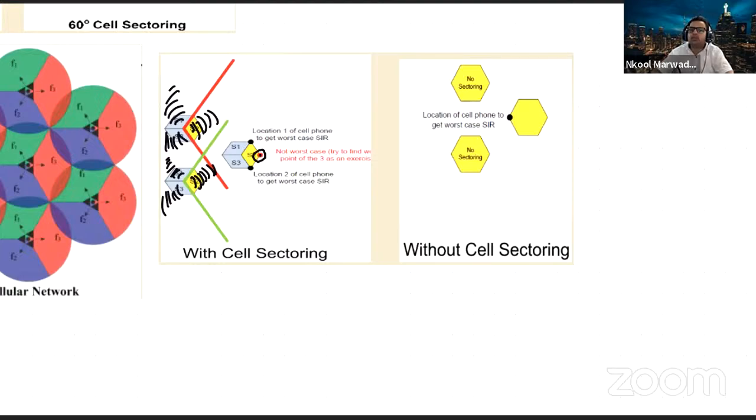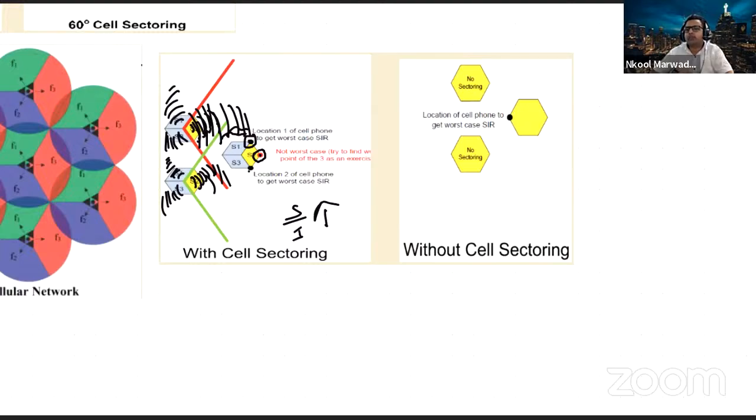They can be prone to very slight interference, because if these are very high powered antennas, they are directional, but some power can still be experienced. But relatively, the S by I, signal to interference ratio, will be improved.